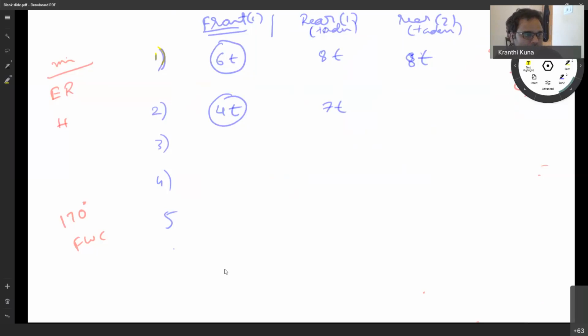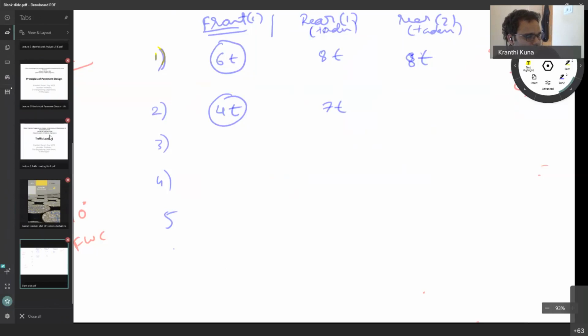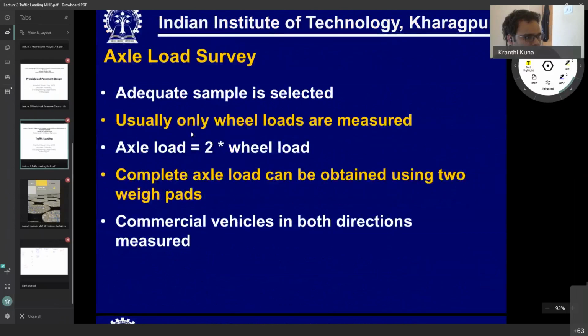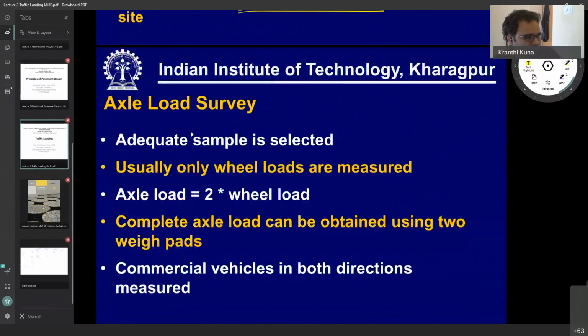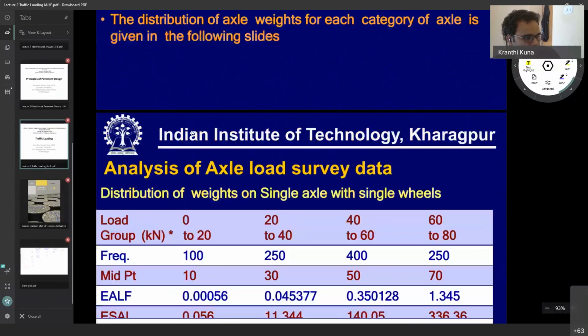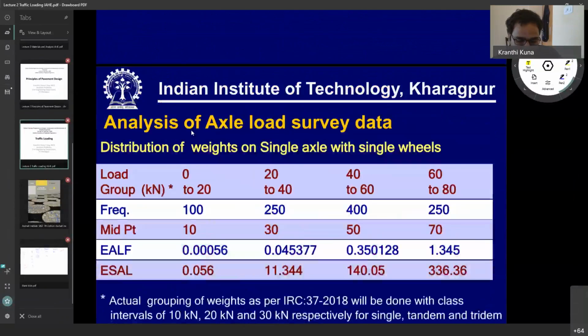Okay, that is what the axle load survey is about. Based on that, you classify like this. So I'm just giving you an example.